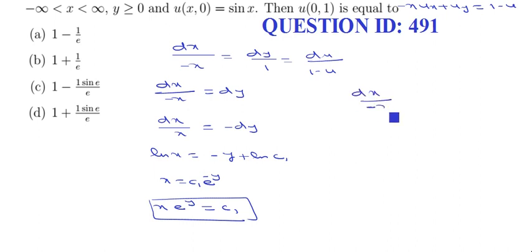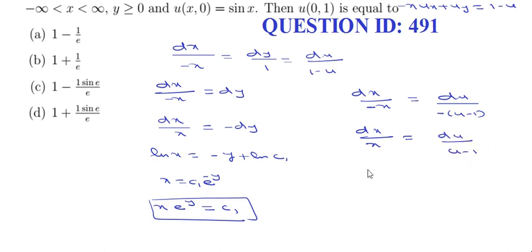dx by minus x equal to du by, we make a modification in the denominator, so this can be written as minus of u minus 1. Therefore we get dx by x equal to du by u minus 1.